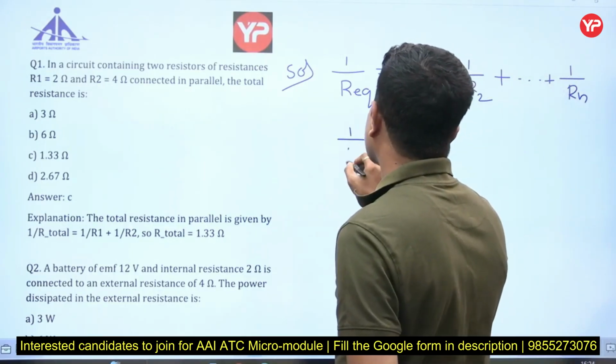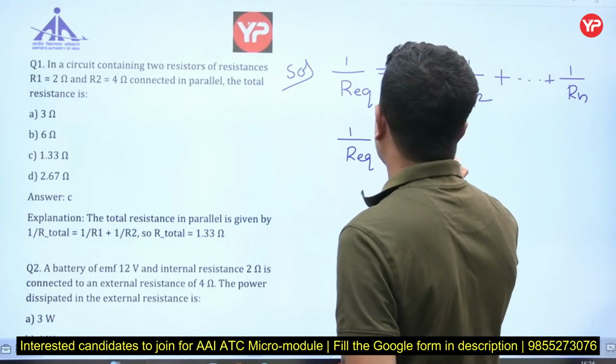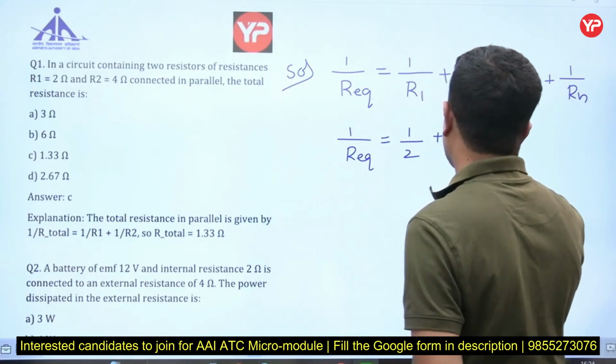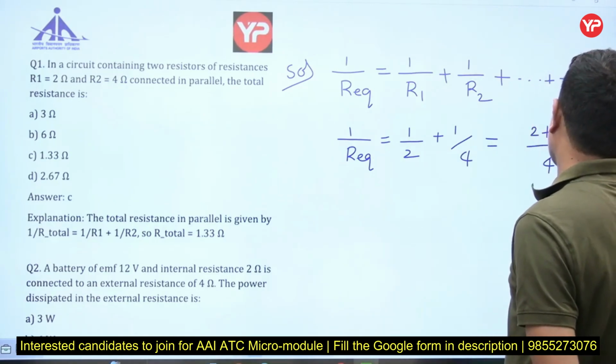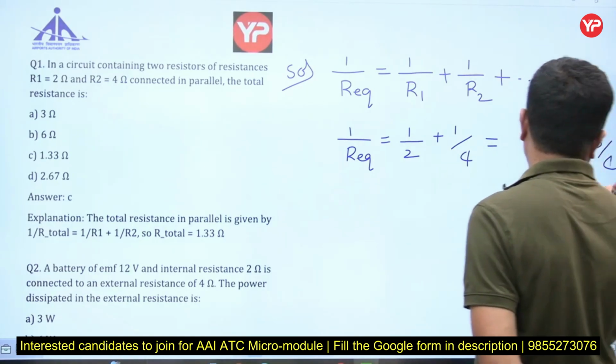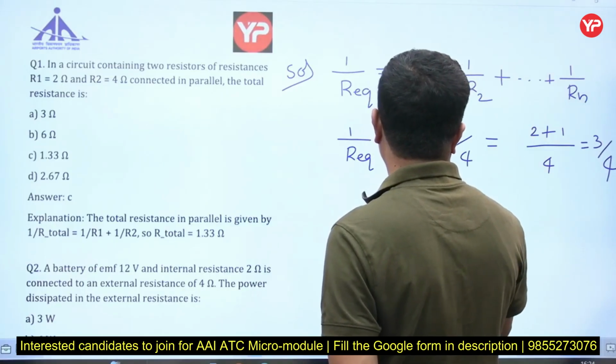Here, how many resistances are there? There are two resistances. 1 by R equivalent is equal to 1 by 2 plus 1 by 4. The LCM will be 4. This is 2 plus 1, this is 3 by 4.